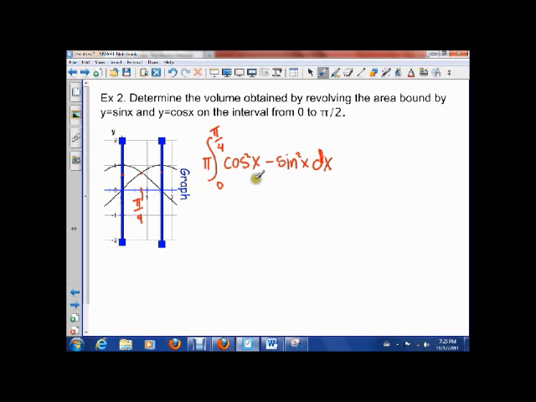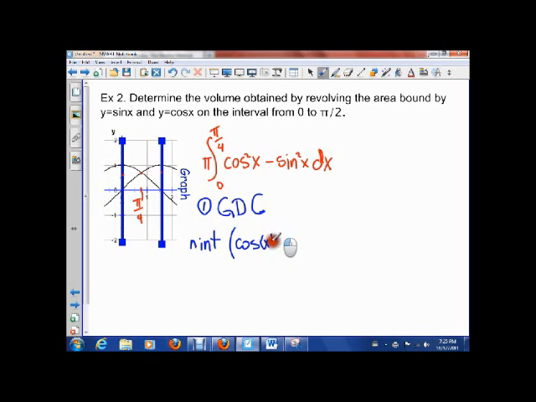Now, we can't integrate cos squared and we can't integrate sine squared. Okay? So we've got two options here. Option number 1 is, if you have a graphing calculator, use it. Okay? So either you can type this in, or you can type in NINT, and then the function.